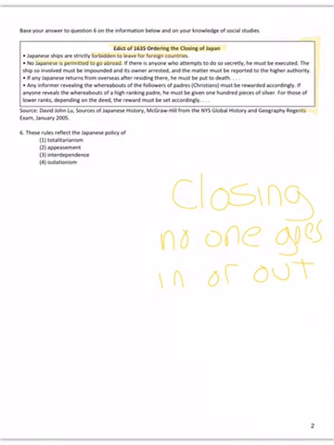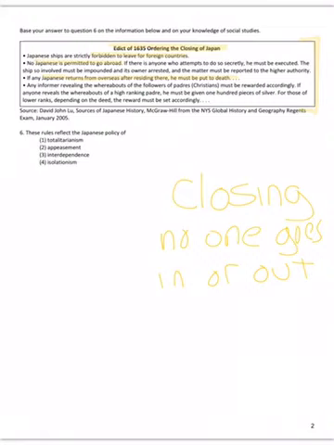If any Japanese returns from overseas after residing there, he must be put to death. So if any Japanese comes back from the U.S. or from Canada or China after 1635, they'd be executed. Any informer revealing the whereabouts of the followers of Christians must be rewarded accordingly.